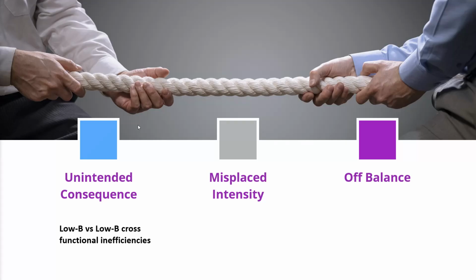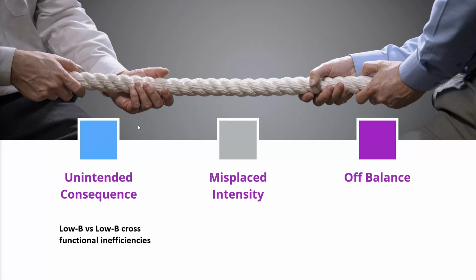The quality team, they're also not likely to proactively communicate. And that creates issues around when should we stop production? When are we finding defective parts? How do we treat those defective parts so we don't continuously produce scrap as we move forward? So that low B versus low B inefficiency is a common mistake that's often made. We could be following all the rules of position profile matching and still have that unintended consequence.